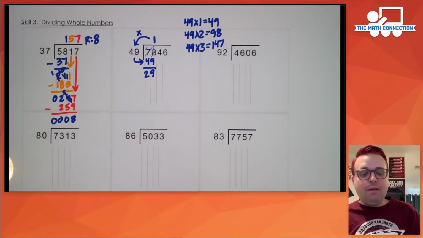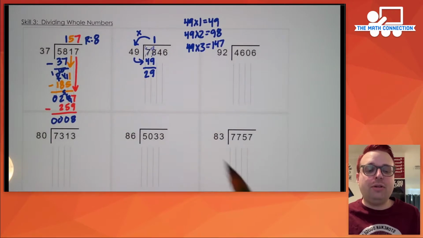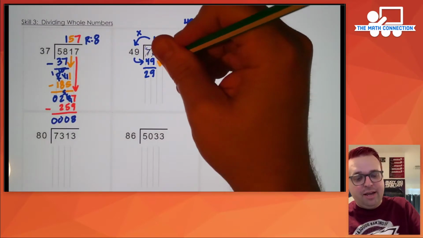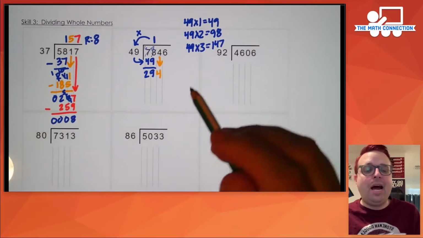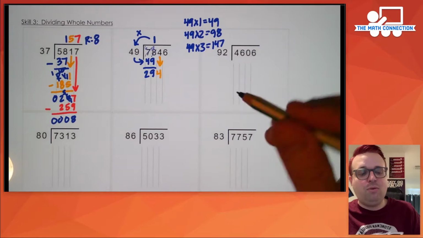Now, 49 does not go into 29 because that is larger than 29, so we need to bring down the next place, and I will switch pen colors. I think I did orange for the next one. So bring down a 4, and now I need to find out how many times 49 goes into 294.